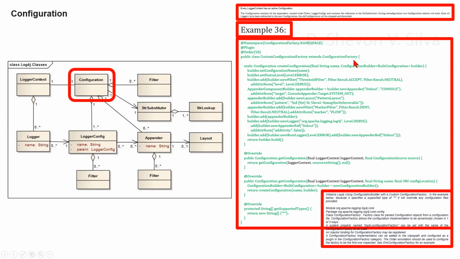The class ConfigurationFactory in package org.apache.logging.log4j.core.config in module org.apache.logging.log4j.core is a factory class for parsing configuration objects from a configuration file. ConfigurationFactory allows the configuration implementation to be dynamically chosen in three ways. A system property named log4j.configurationFactory can be set with the name of the configuration factory to be used.